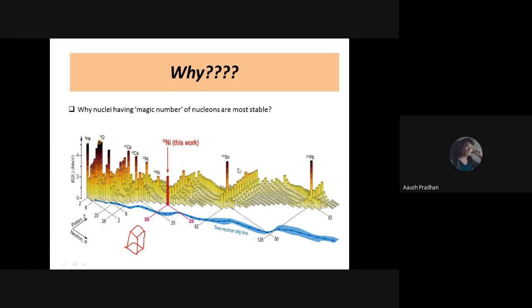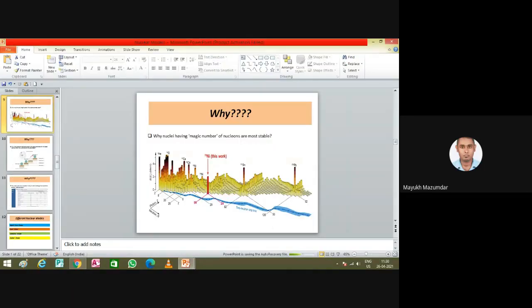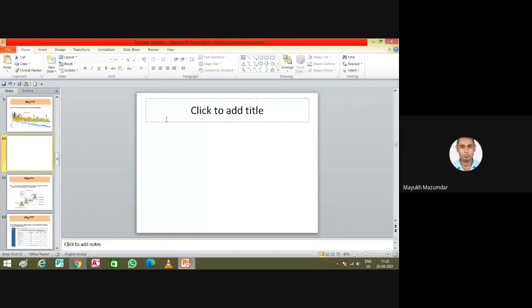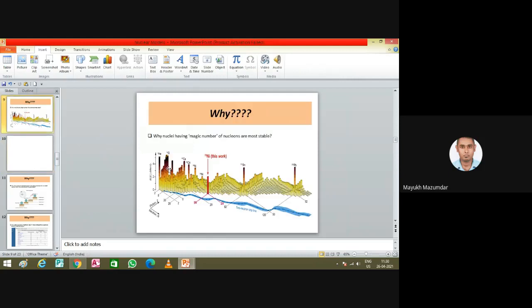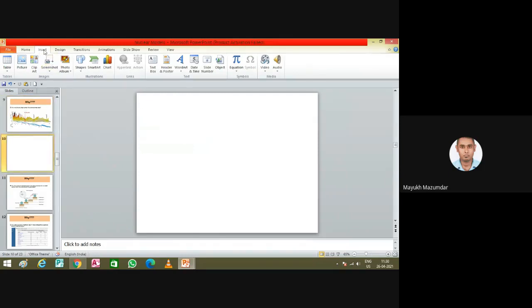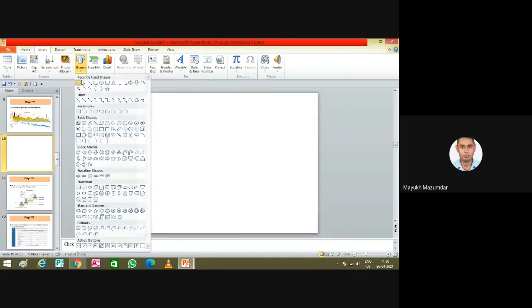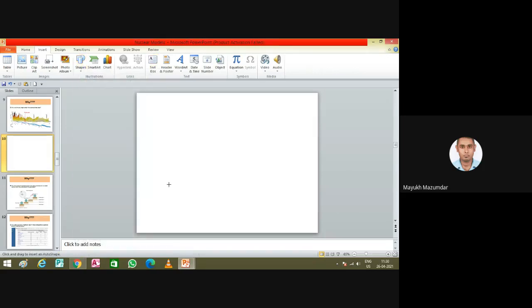Okay. I require help from some shapes. So I have three directions. Along this direction, I am plotting the binding energy.